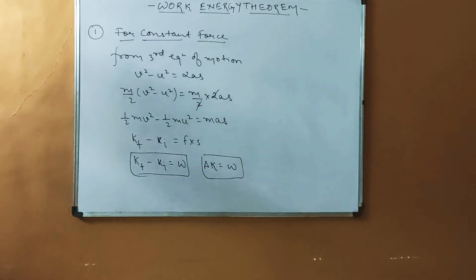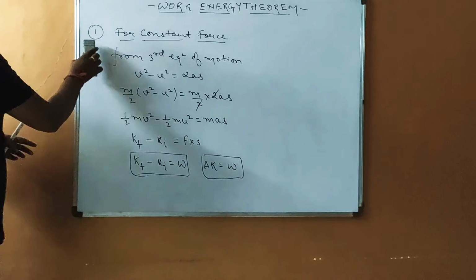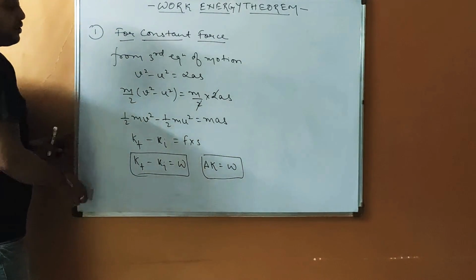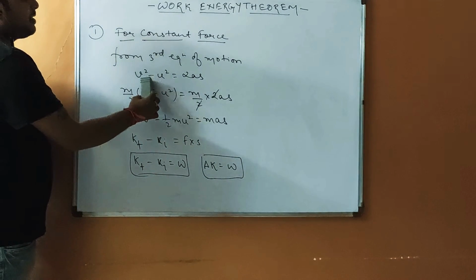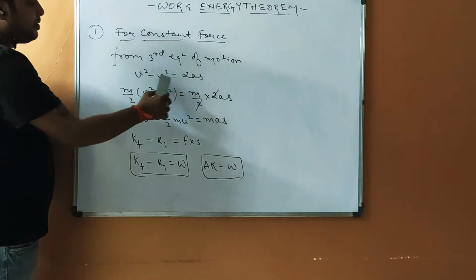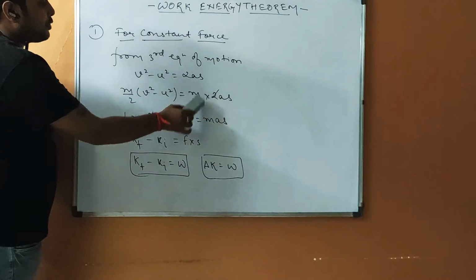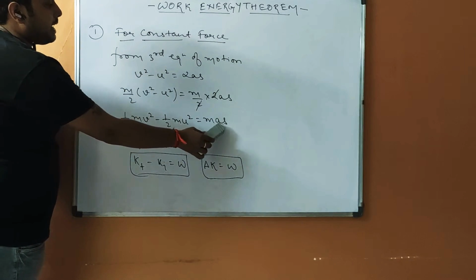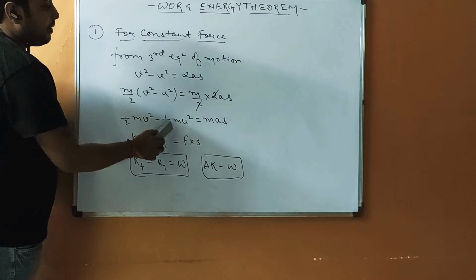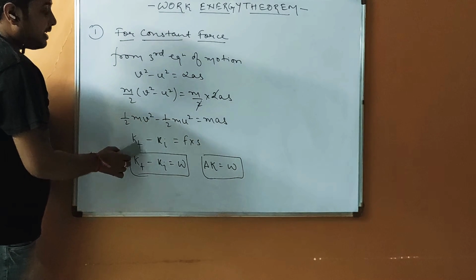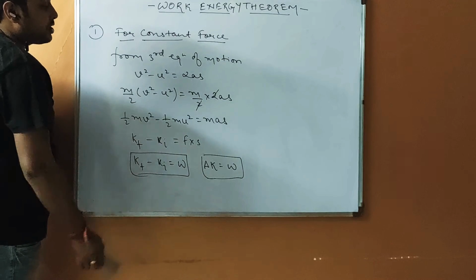Now we will look at it for variable force. Just look at the equations. I am repeating once again, this was the third equation of motion. I have multiplied by m by 2 on both sides. Here we get mas, and here it is half mv square minus half mu square. This is the final kinetic energy, this is the initial kinetic energy.